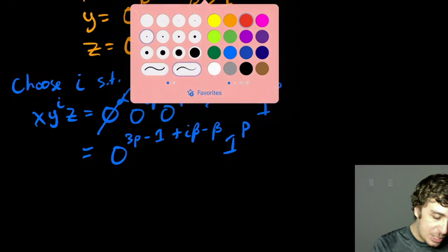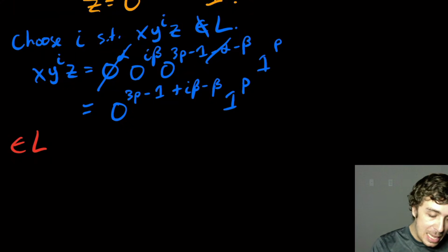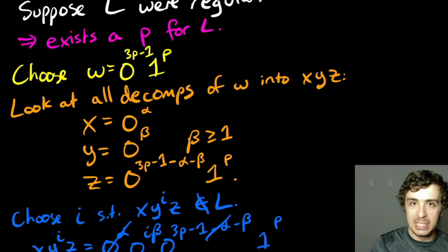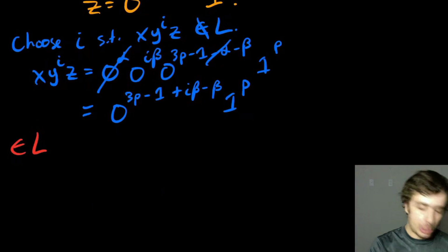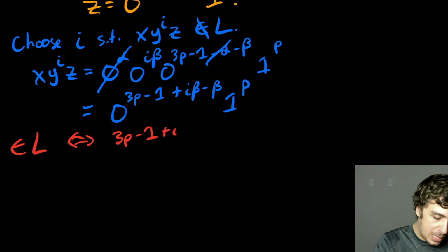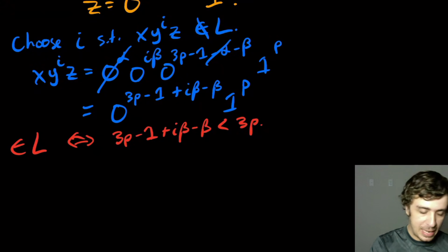So what we can reasonably conclude now is that this thing is in L if and only if the number of zeros is strictly less than 3 times the number of ones, because that's exactly what the language is saying. So it's in L if and only if 3p minus 1 plus I beta minus beta is strictly less than 3p, 3 times the number of ones.